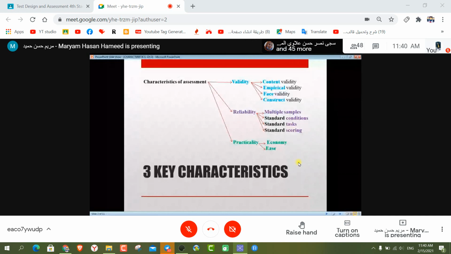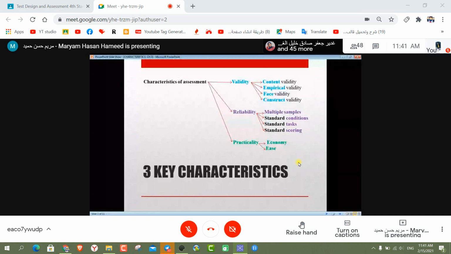With validity, we have four kinds: content validity, empirical validity, face validity, and construct validity. With reliability, we have requisites or characteristics, not kinds or types: multiple samples, standard conditions, standard task, and standard scoring. And the last one, practicality, has economy and ease.